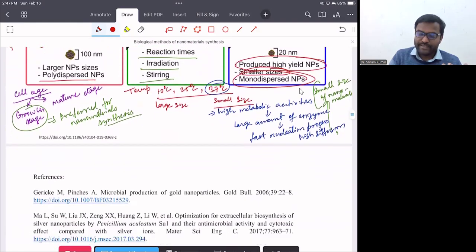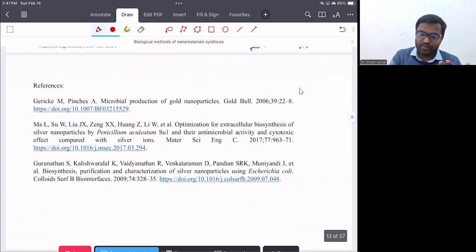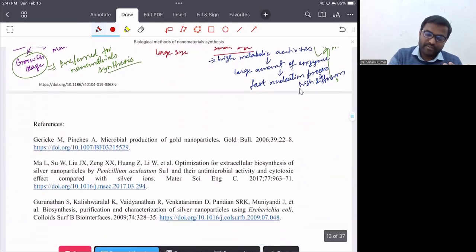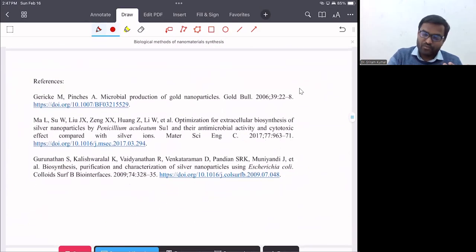If you want to further study the effect of these parameters on the synthesis of nanomaterials, you may take references from here. This one is the microbial production of gold nanoparticles, so you can go there and read in detail. If you want to understand the optimization of the extracellular biosynthesis of silver nanoparticles by this kind of bacteria, you can go there and read in detail. Another is the biosynthesis, purification, and characterization of silver nanoparticles.